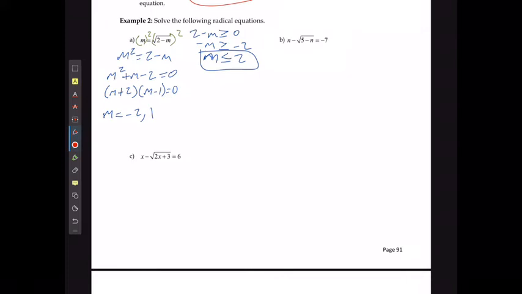So I'm going to start by saying, well, if I have negative 2 is equal to the square root of 2 minus negative 2, then negative 2 would equal the square root of 4. Negative 2 is equal to 2, because remember, unless it says plus or minus, we're just taking the principal square root.